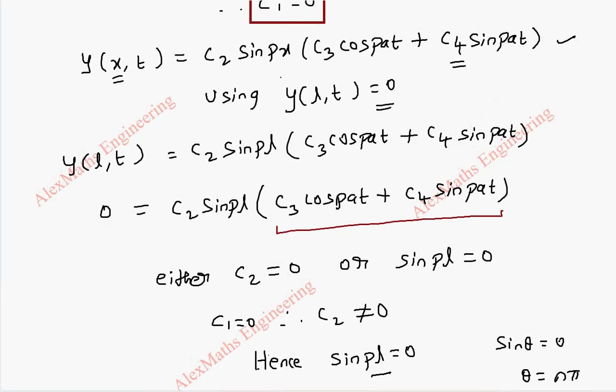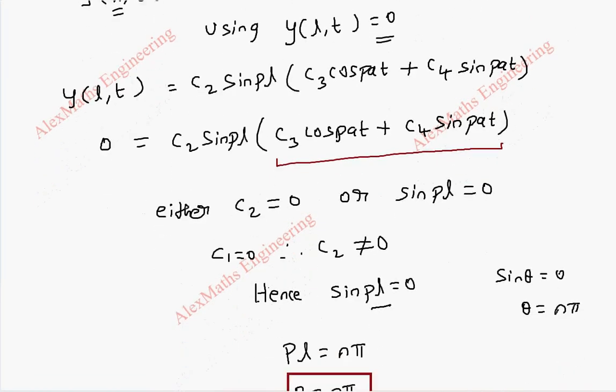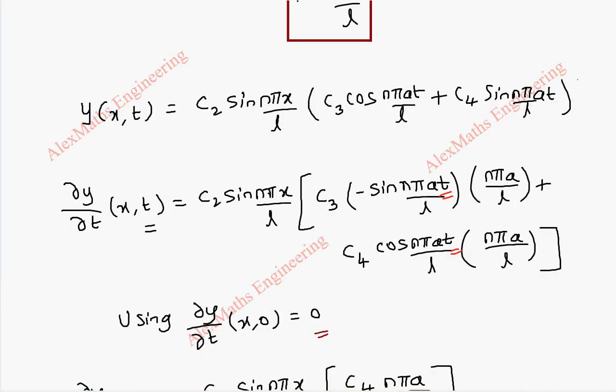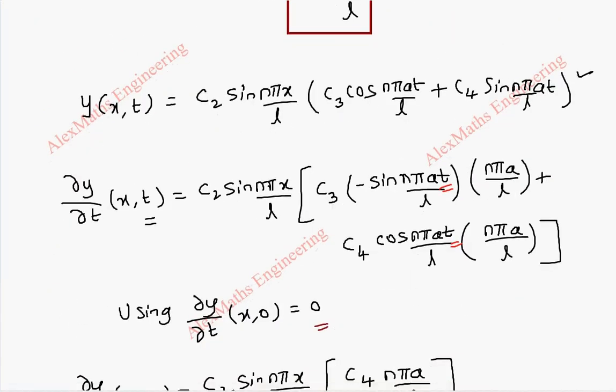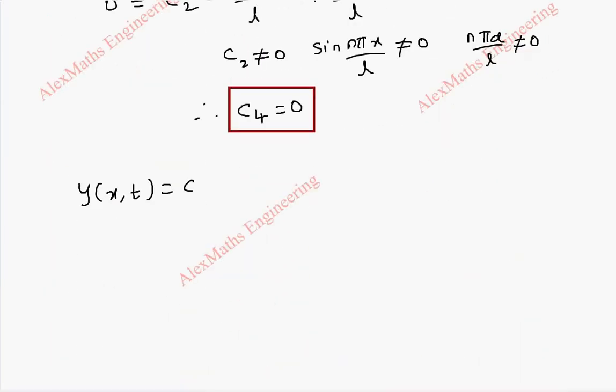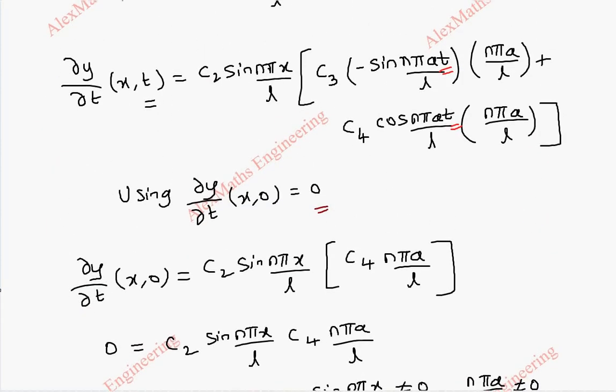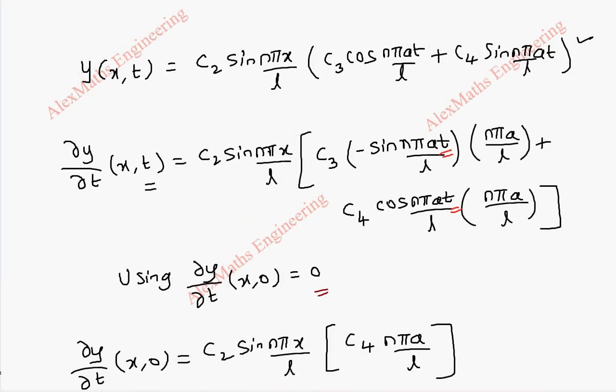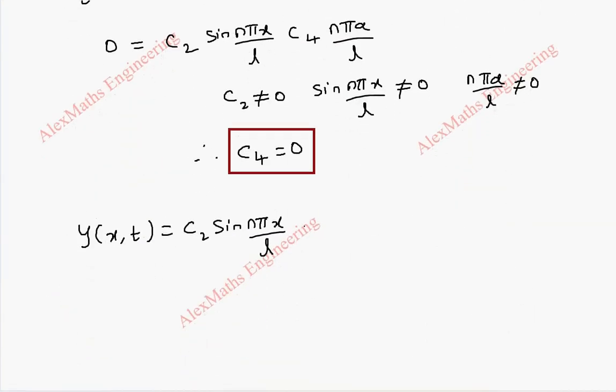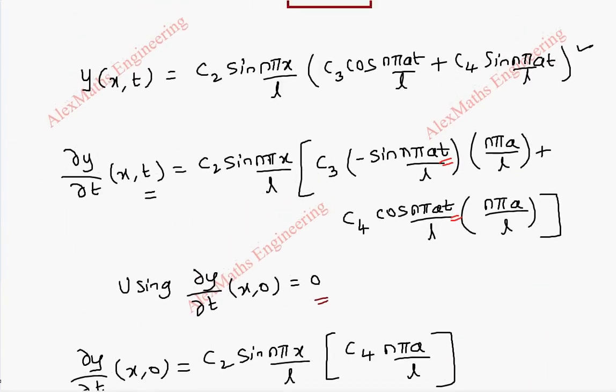So we are left with C2 sine n pi x by L, then C3 cos n pi at by L, and C4 is 0, so the rest of the terms are 0.